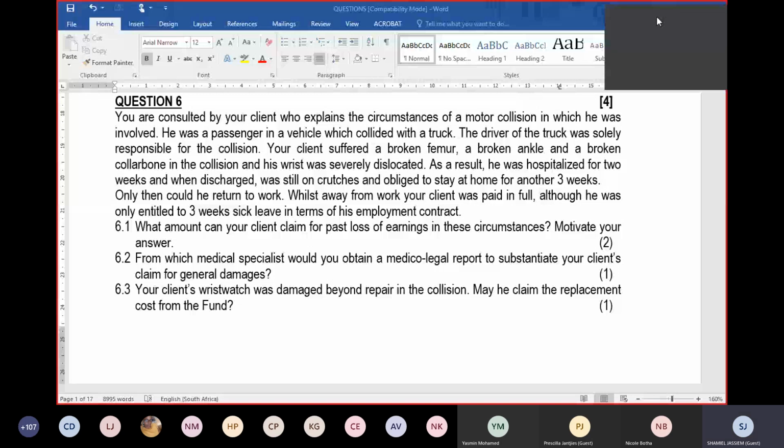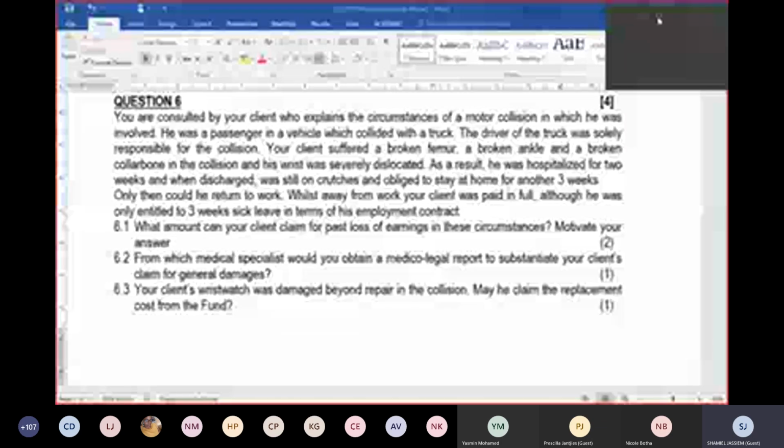Whilst away from work, your client was paid in full, although he was only entitled to 3 weeks sick leave in terms of his employment contract. 6.1. What amount can your client claim for past loss of earnings in these circumstances? Motivate your answer.